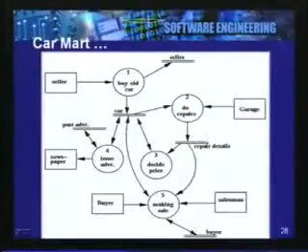Now, what are the processes here? The first process is concerned with buying old cars. So, seller supplies the inputs about the car that we are buying from that person. The data about all the cars purchased are stored in the car data store.